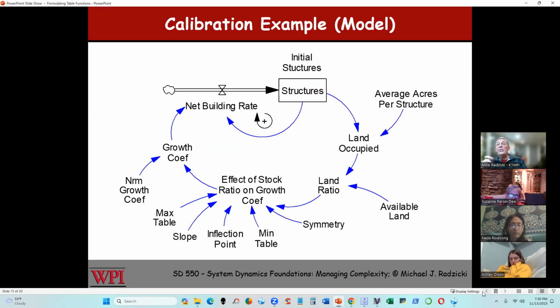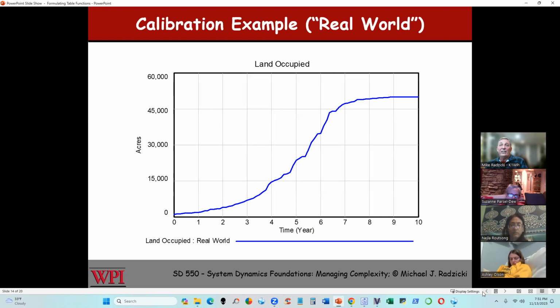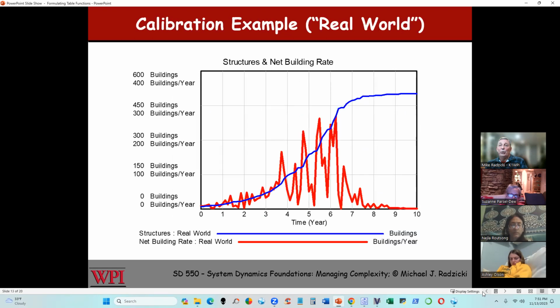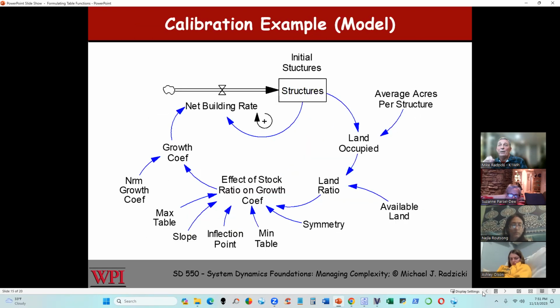Now, let's say I'm going to download that data set, that Excel file, and build a system dynamics model here from my knowledge of cities. I can look at the blue line there and say, all right, there must be a positive loop, a negative loop, a limiting factor, and whatever, from my system dynamics knowledge. I just don't know exactly how that table function should look.